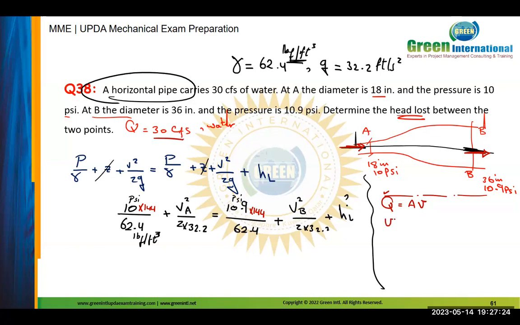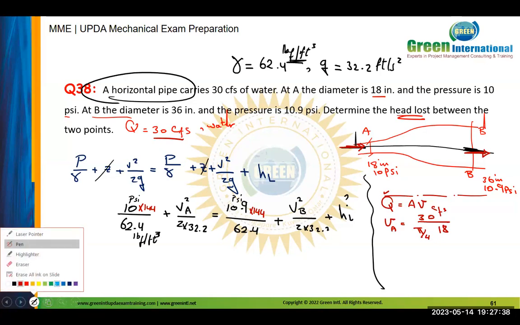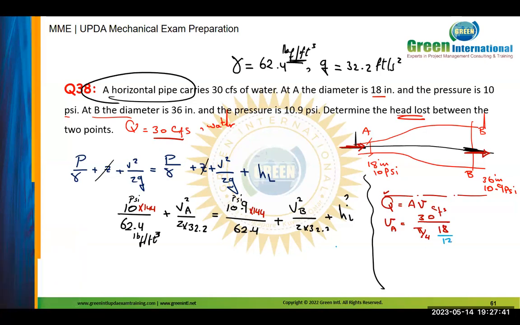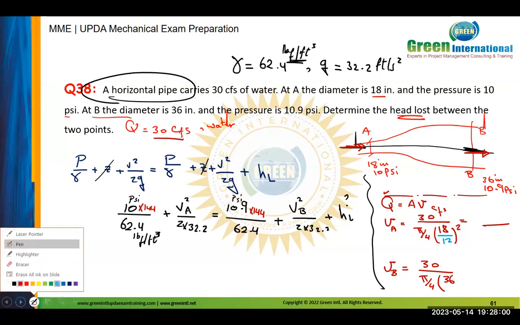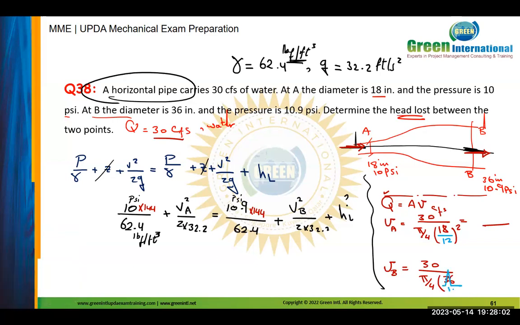So I can calculate VA equal to 30 cubic feet per second divided by the area, pi over 4 times the diameter squared. The diameter is 18, but 18 what? 18 inch, so divided by 12, squared. This is the velocity. Velocity B is 30 cubic feet per second divided by pi over 4 times 36 divided by 12, squared.